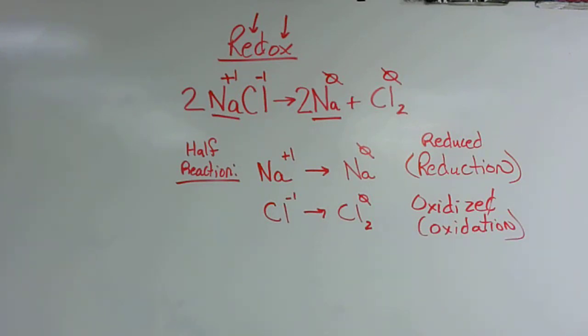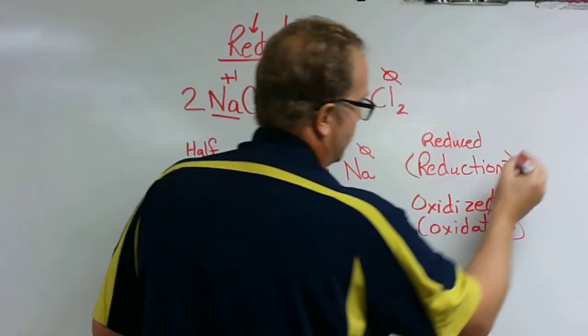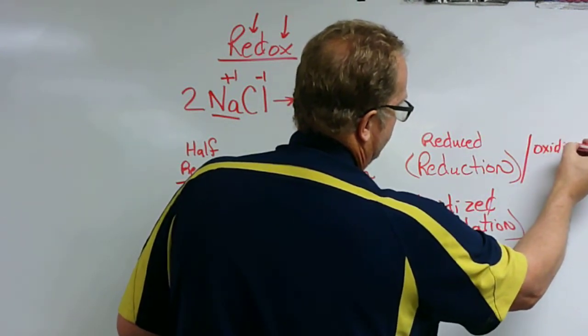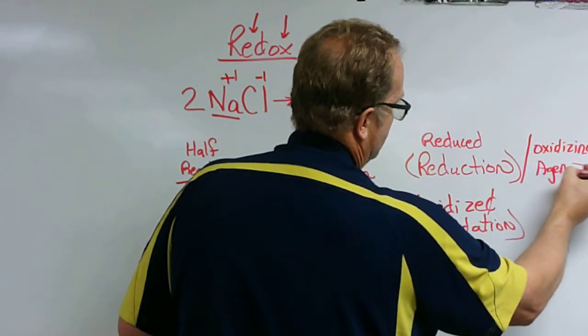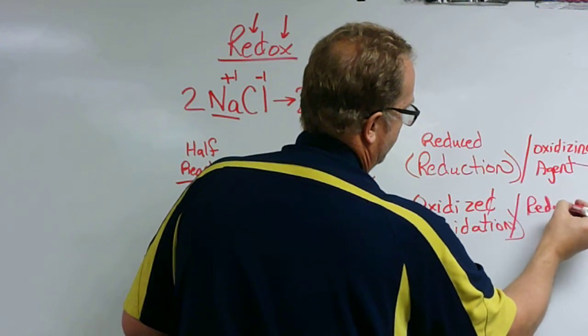Now that is the first part. And then we can also do a little reversal as far as using these two terms. This is called an oxidizing agent. And this is going to be called a reducing agent.